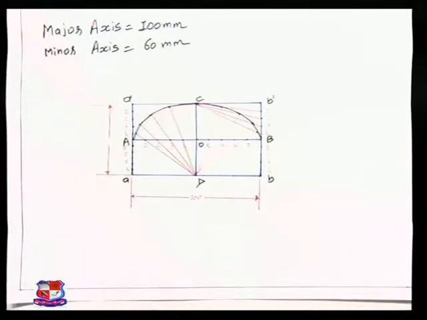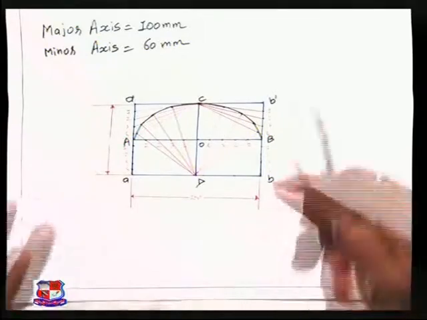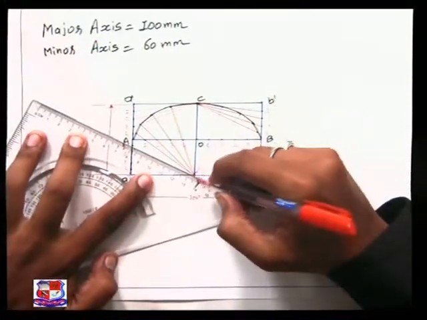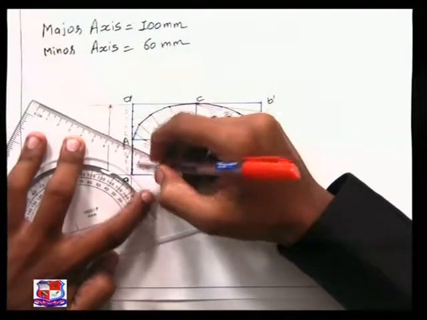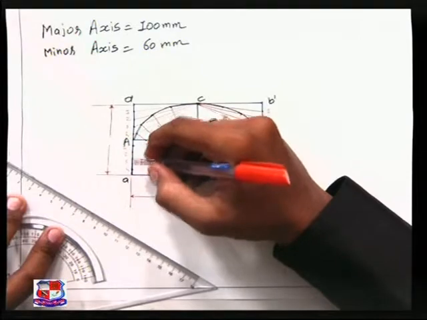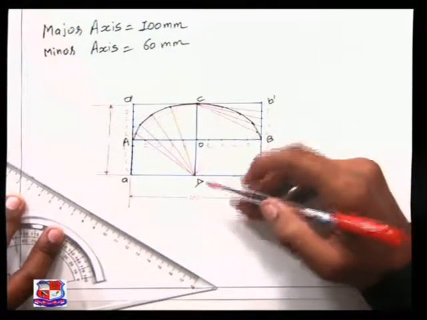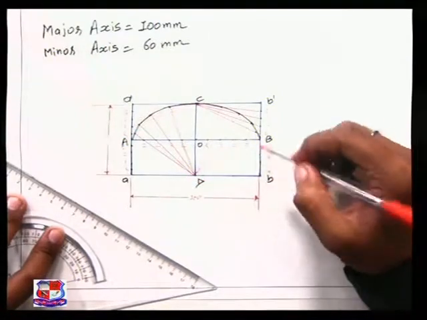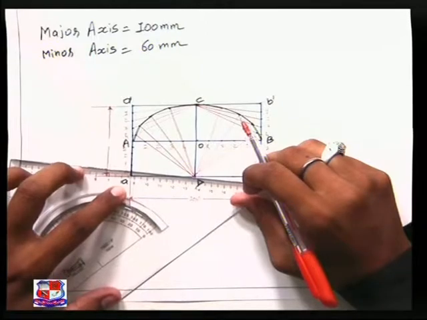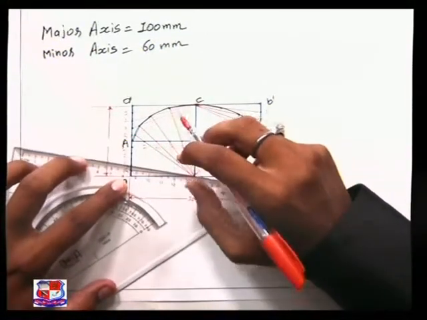Now it's time for the other side. Take D as center, and on the AA line we have points 1 to 4, and on the BB line we have points 1 to 4. We need to join these points with D. Join it one by one.